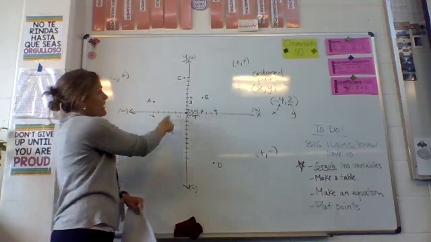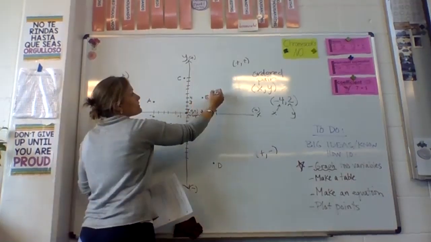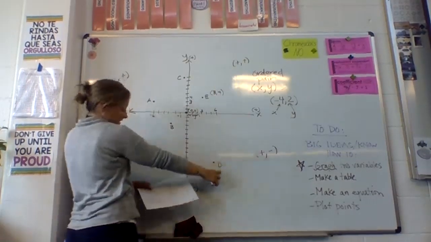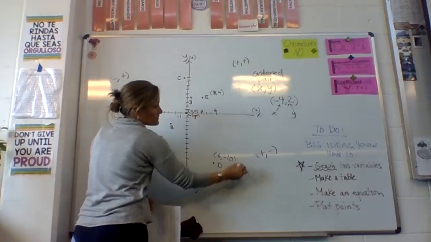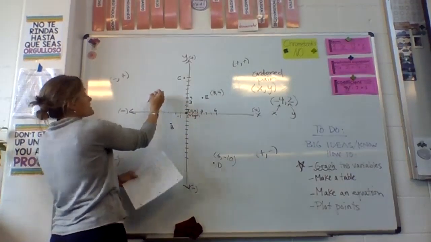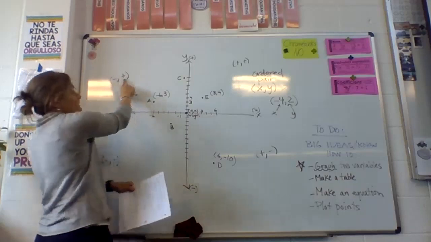So now we've had one in each quadrant, and as you can see, E was 3, 4, positive, positive. D was 6, negative 10, which is positive, negative. A was negative 6, 3, which is negative, positive.